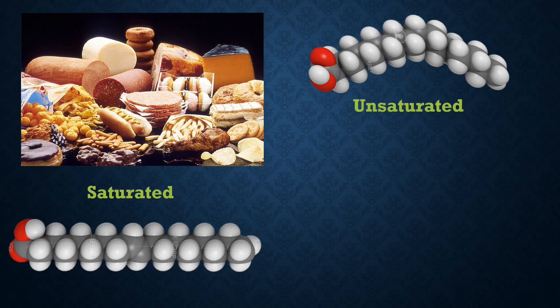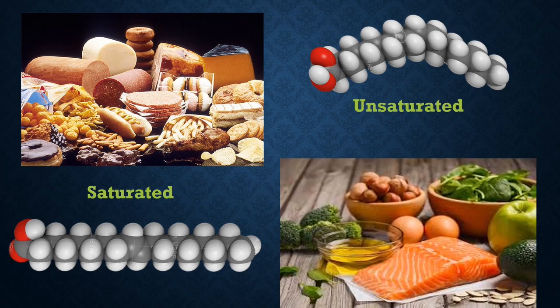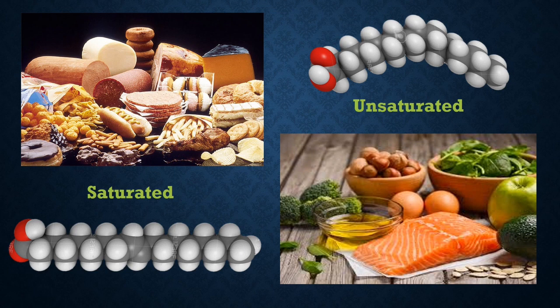However, the unsaturated sources are from healthy sources, from foods, nuts, and fish. And at this point, to choose between saturated and unsaturated, unsaturated is a healthier source of lipids than the saturated.